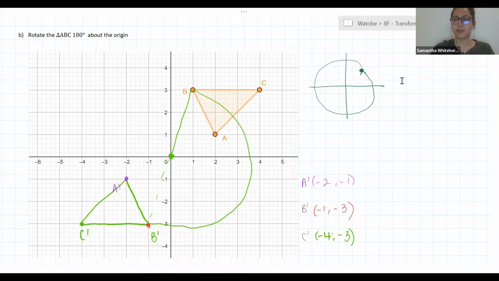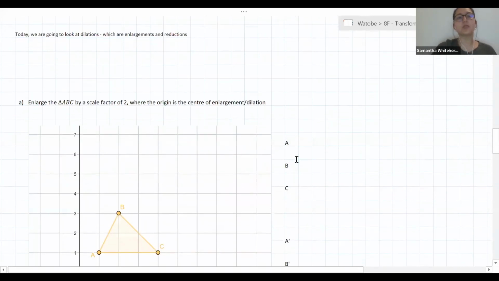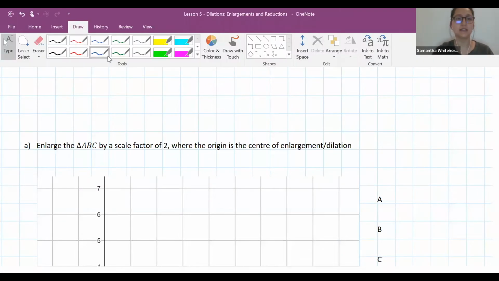Alrighty, so I'm assuming we've all got our screenshots. So let's have a look at our new transformation for today, which is enlargements and reductions. Okay, so there's a broad term for enlargements and reductions, which are called dilations. Okay, and dilations is basically a change in size.